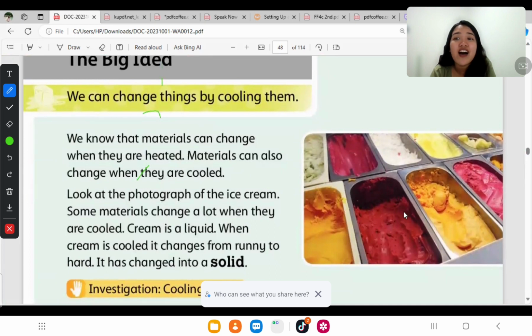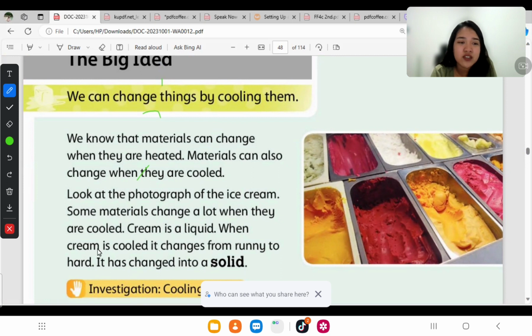Ice. We know that materials can change when they are heated. Materials can also change when they are cooled. Look at the photograph of the ice cream. Some materials change a lot when they are cooled.